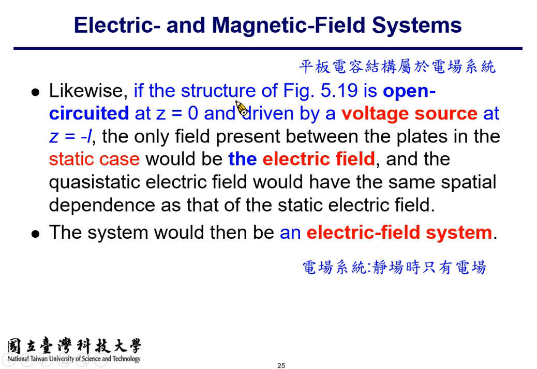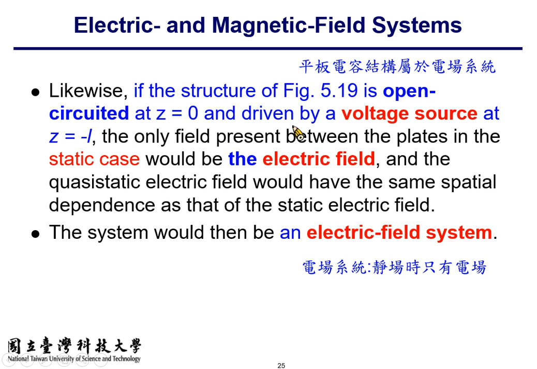So likewise, if the structure is open circuit at z equal to 0, which means that you remove the end plates on the right hand side of the parallel plate structure, and drive it with a voltage source, then the only field present between the two plates, in the static case, is the electrical field. So such a structure, as you can identify, is basically a capacitor.